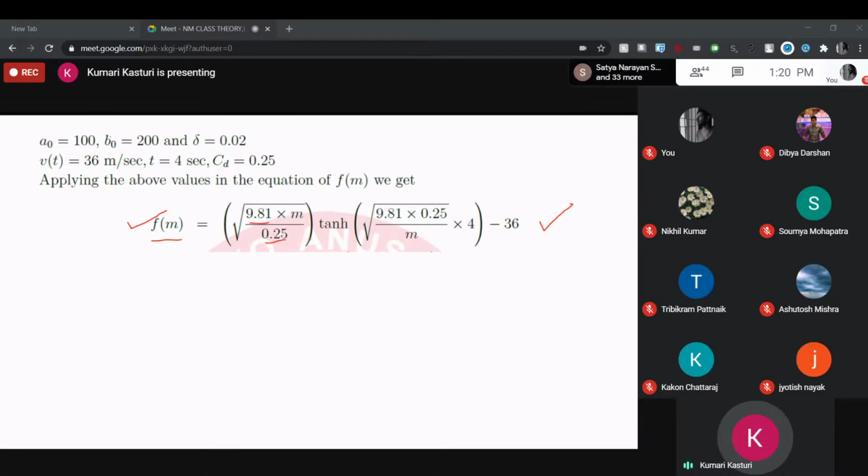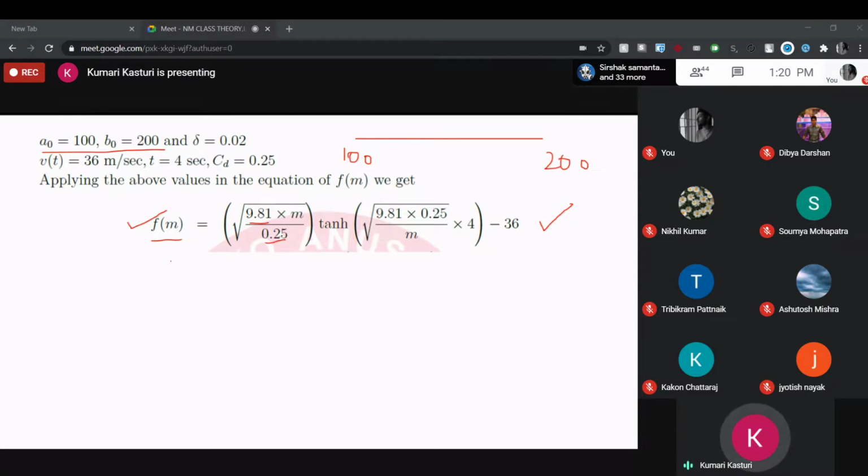whatever the interval is given, that is a0 = 100 and b0 = 200, that means your solution is present between 100 and 200, right? So that is the interval. Your mass is in between these two values.